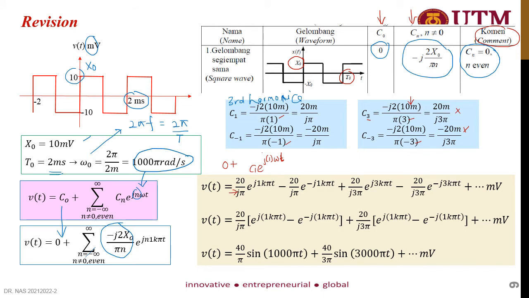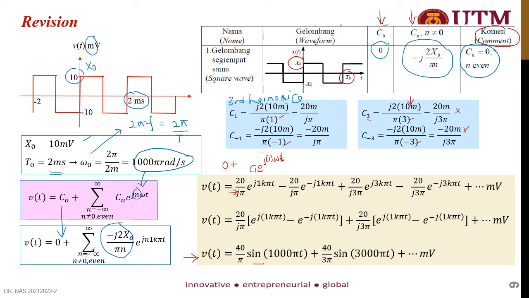If you want to use the cosine function, you can change this minus j to e^(minus j pi over 2). But in this case, since I want to get the sine equation, you can just leave j at the bottom.